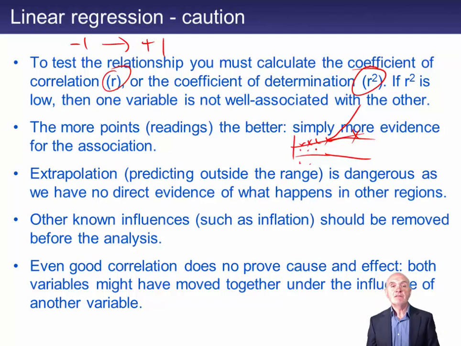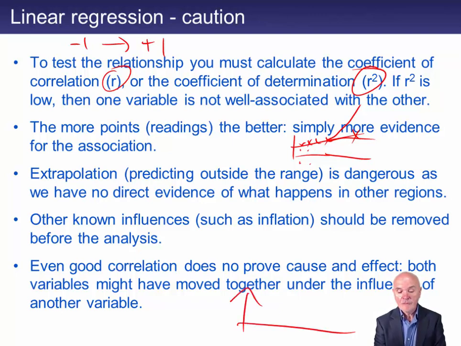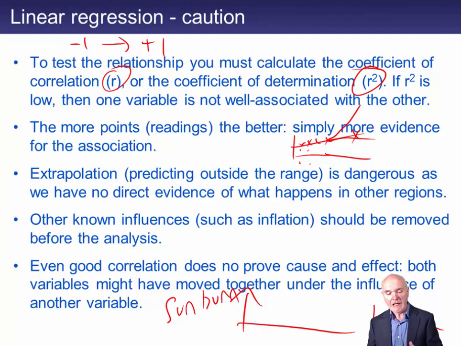And finally, remember, even good correlation doesn't prove cause and effect. Both things could move together under a common influence. For example, the common one that's kind of trotted out here, if we look here at ice cream consumption, and if we look at kind of sunburnt injuries, so people staying out in the sun too long, you probably get a straight line like that.